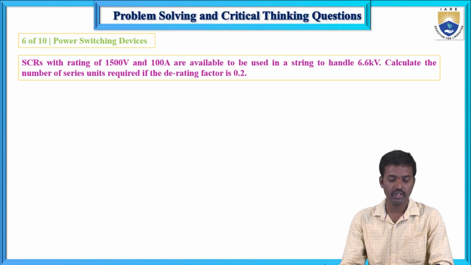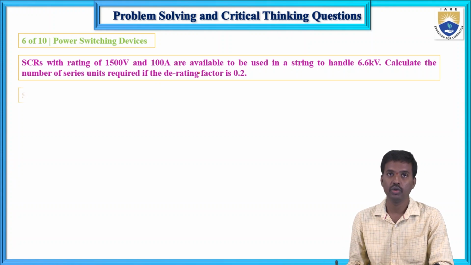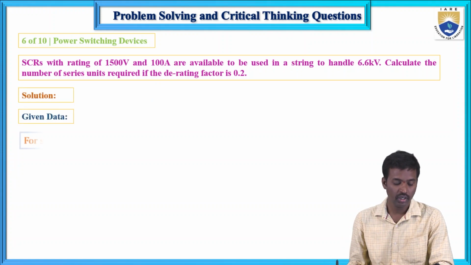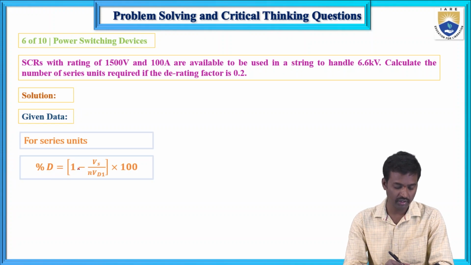SCRs with a rating of 1500 volts and 100 amperes are available to be used in a string to handle 6.6 kilovolts. Calculate the number of series units required if the derating factor is 0.2. Given data, solution: we already know this formula, percentage derating factor equals 1 minus Vs by N into Vd1, into 100.